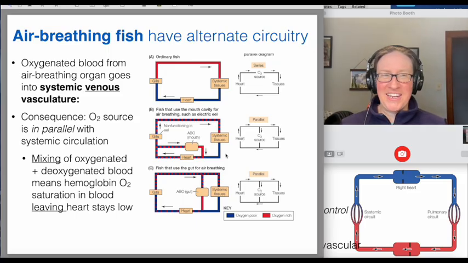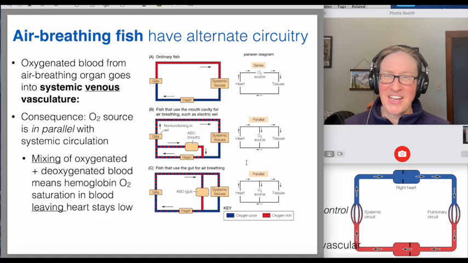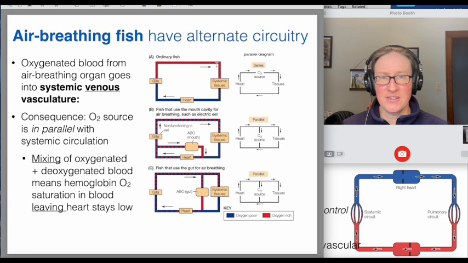Now we get to look at some alternatives, and these alternatives show up in our air-breathing fish. Remember talking about air-breathing fish when we were looking at ventilatory structures? So in air-breathing fish, we see variations on our basic fish circulatory plan. So up here at this top picture is just an ordinary fish, right? Heart, gills, tissues.